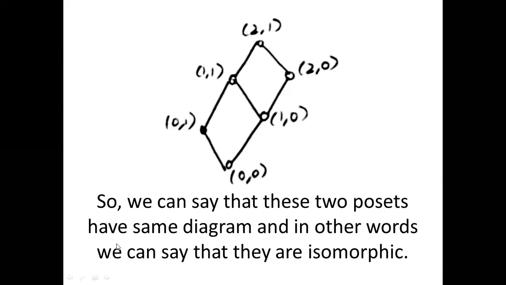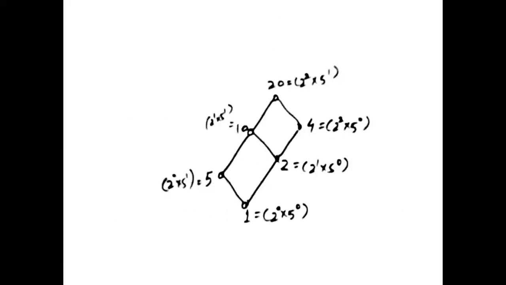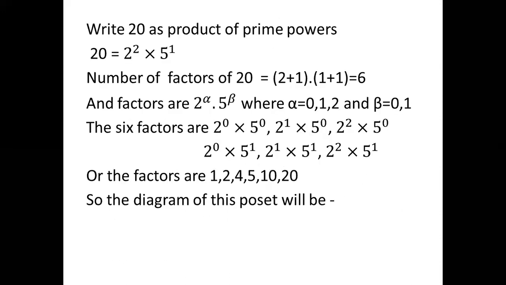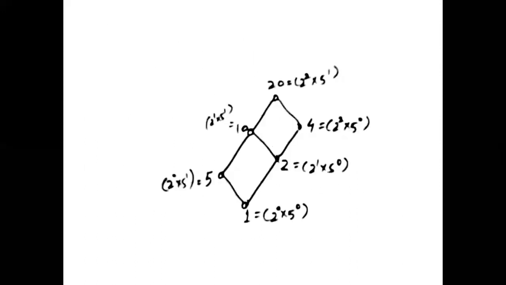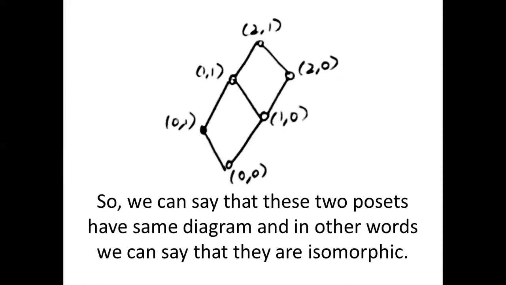So we can say that these two posets have the same diagram, in other words they are isomorphic. That means the poset which was given, the factors of 20 under divisibility, and this other poset, the product of two chains, are order isomorphic.